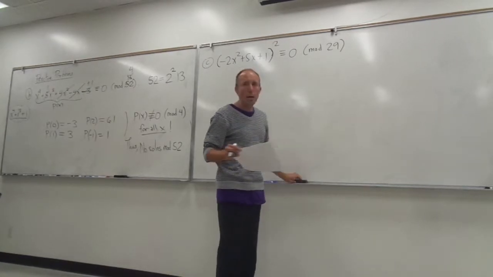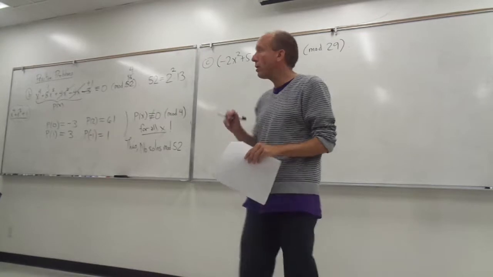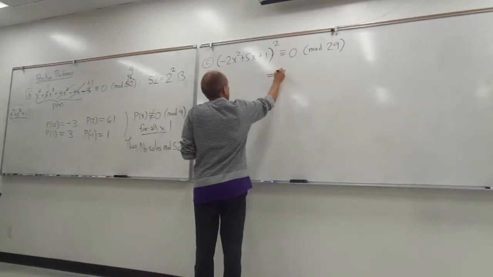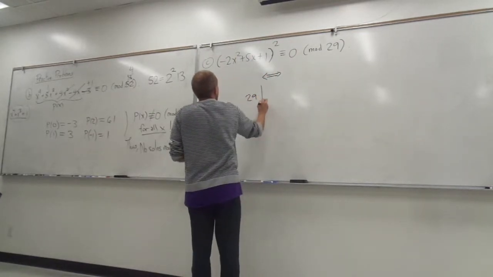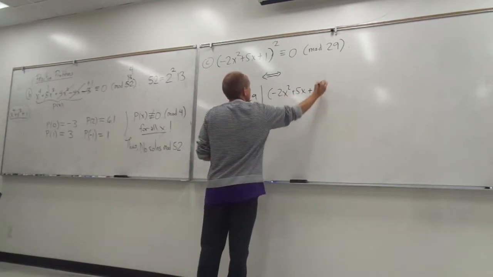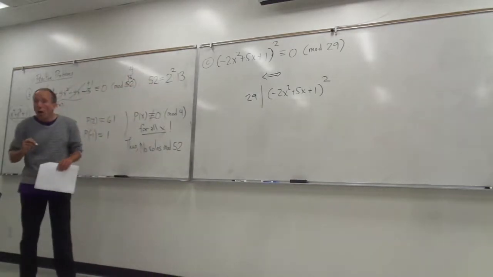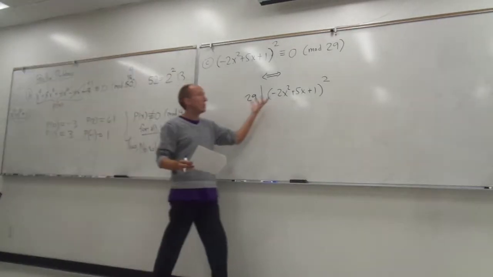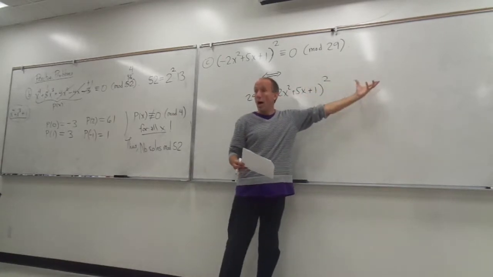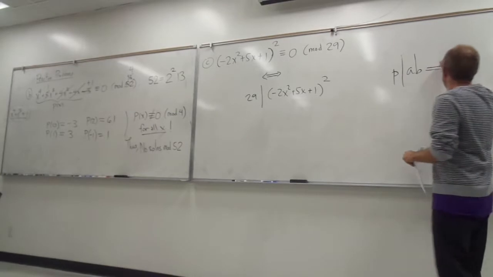Yeah, it turns out it's not necessary to do that. You can do that, but I just want to remind you guys, this is just saying that 29 divides negative 2x squared plus 5x plus 1, squared, right? What kind of a number is 29? Prime. If I have a prime number that's dividing a product of two things, what can you tell me?